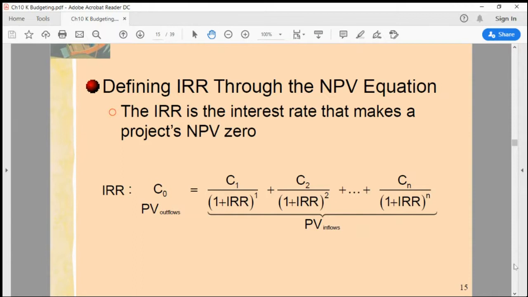But what is the prevailing market rate? We defined it at the time in principles of finance. It's the average interest rate or return that the bonds of the same risk class are paying, right?